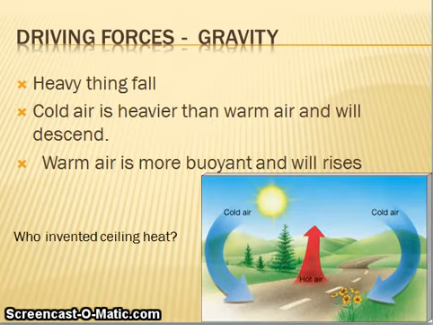So basically this idea is that heavy things fall under the effect of gravity, and that cold air systems are heavier and denser than warm air systems. So if you have a hot air system and a cold air system, the cold air system can move into that hot air system, causing air movement.